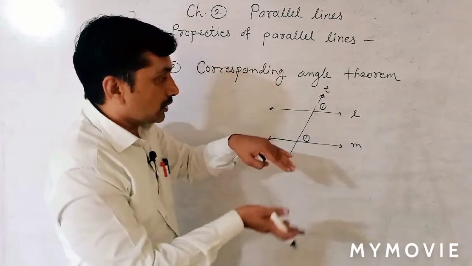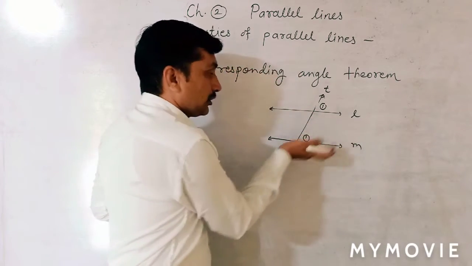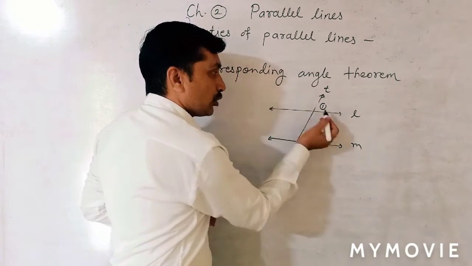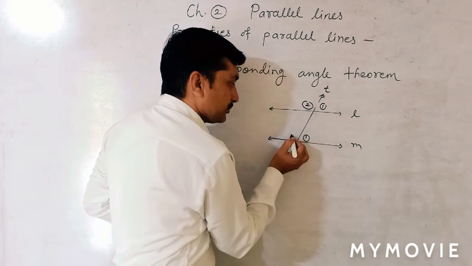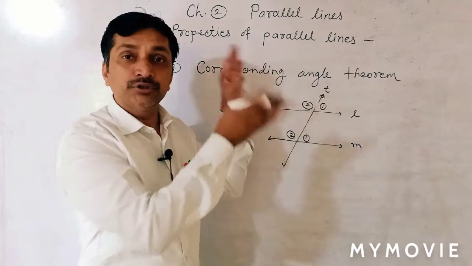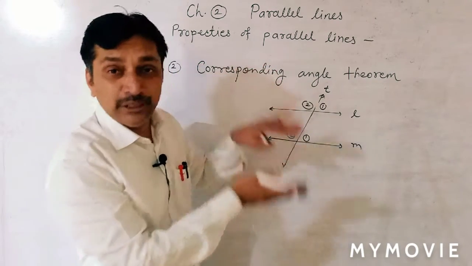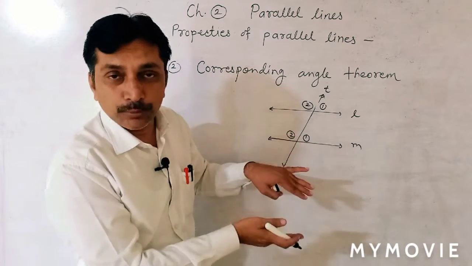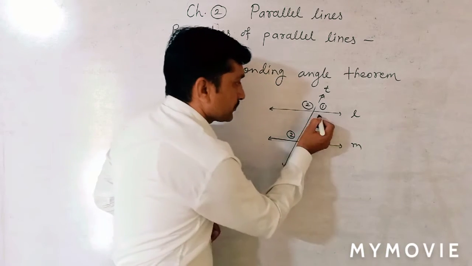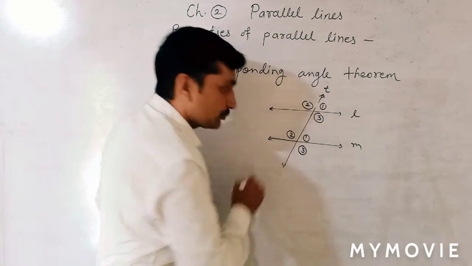In the same way, above the parallel and to the left of the transversal, this is the second pair. As we have taken above, now take below. Below the parallel and to the right, this is the third pair.